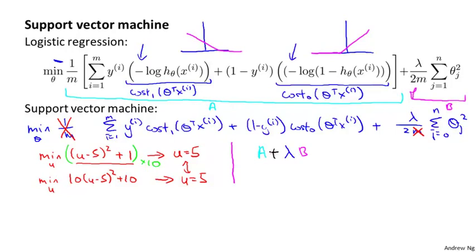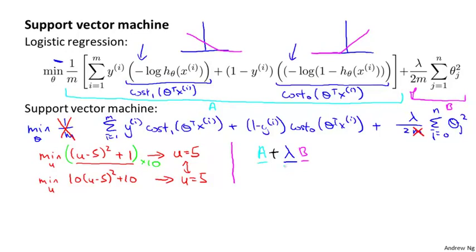By setting different values for the regularization parameter lambda, we could trade off the relative weight between how much we want to fit the training set well, that is, minimizing A, versus how much we care about keeping the values of the parameters small, that is, B. For the support vector machine, just by convention, we're going to use a different parameter.